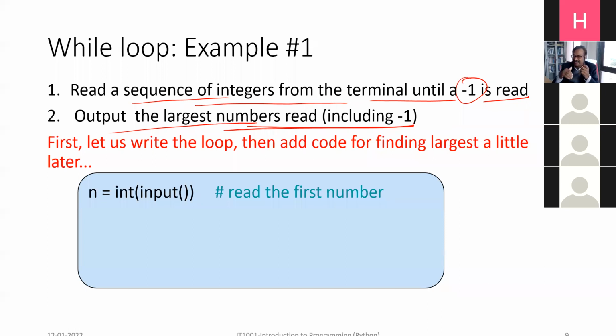So you have to repeat this reading multiple times, and we are not sure how many times we need to read. But we know that as soon as we encounter -1, we will finish and stop reading. And we are going to output the largest number so far, among all those numbers which were inserted before -1. What is the largest number?